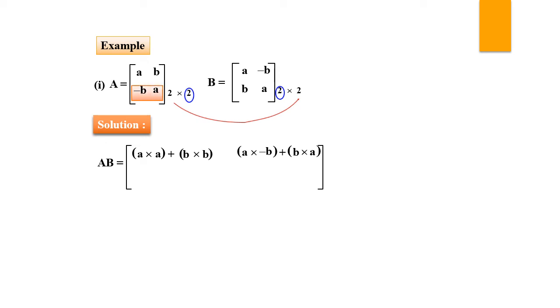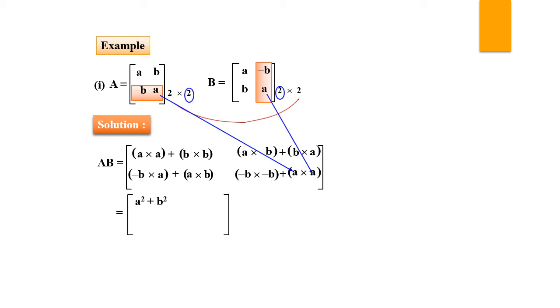Similarly, we will multiply the elements of the second row with the first column. So minus b into a plus a into b. Next, we will multiply the elements of the second row with the second column. So we get minus b into minus b plus a into a.